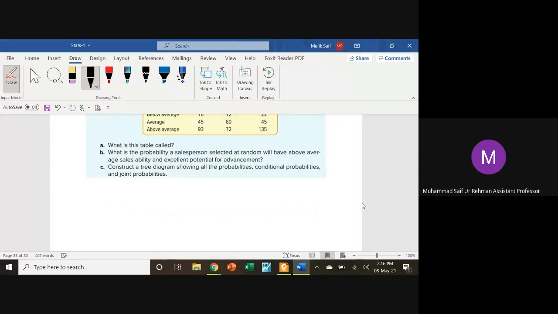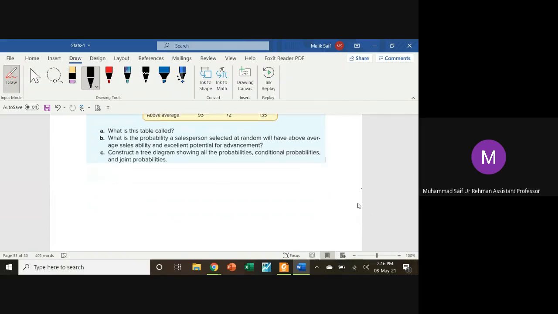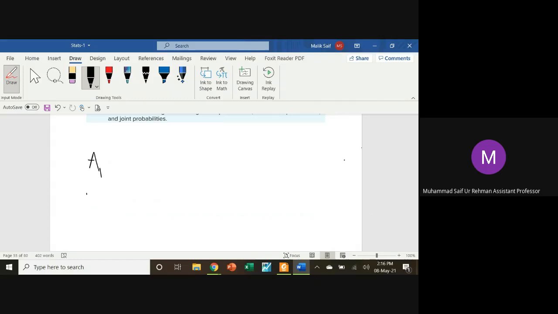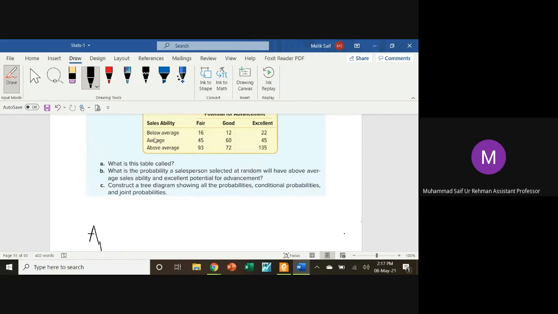I'm going to define the abilities below average, average, and above average as A1, A2, and A3. So this is what I'm going to write over here. A1, A2, A3, fine. And then there is a final row for total. So A1 means below average salesperson. A2 means average salesperson. A3 means above average salesperson.